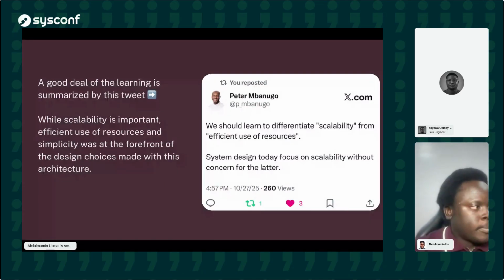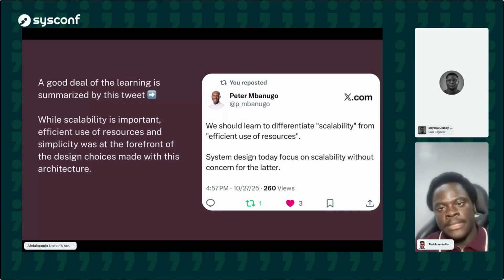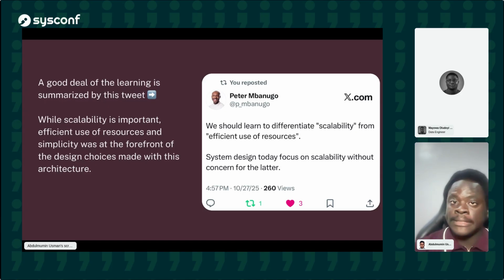In system design, we always mention scalability, and most times we do not consider efficient use of resource as much. So efficient use of resource, simplicity, and scalability, of course, were at the forefront of the design choices.